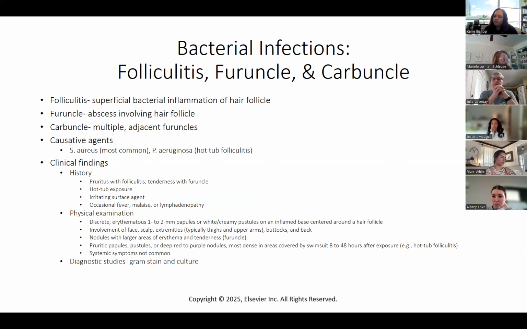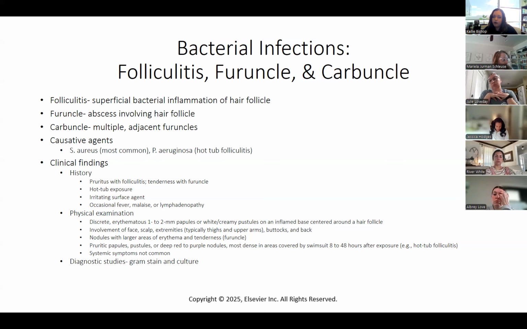Furuncles are abscesses. Beyond just inflammation, these are bigger abscesses involving the hair follicle. And carbuncles are crops of furuncles, groups of them together.